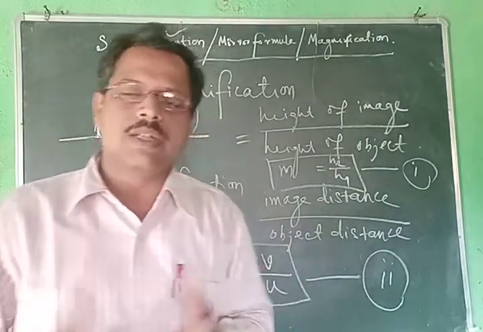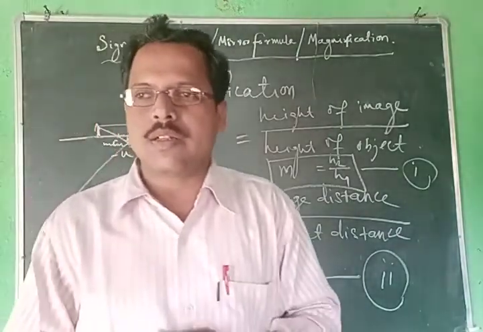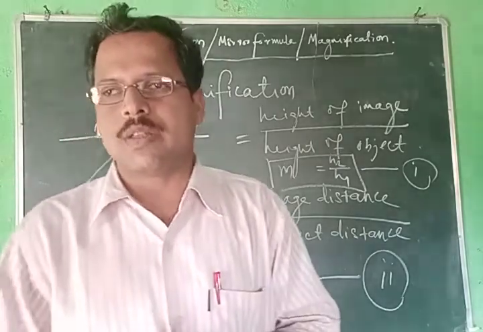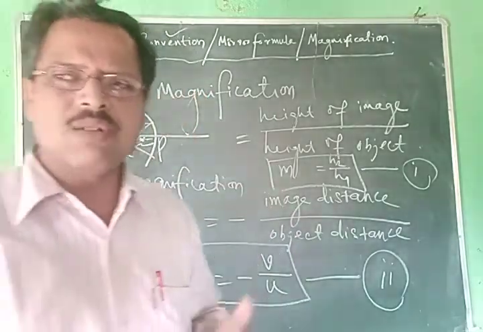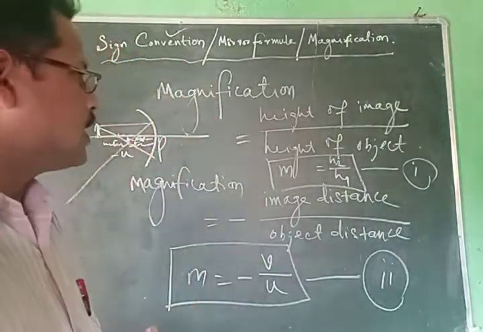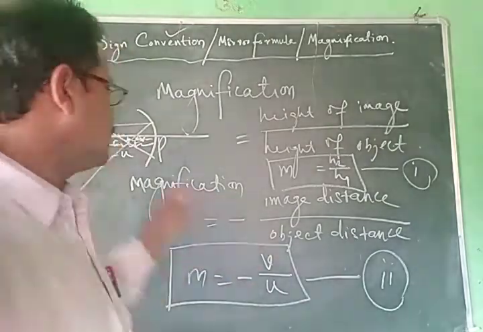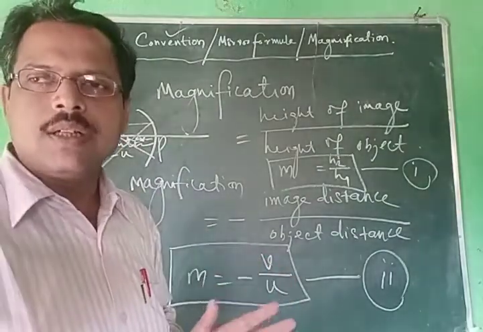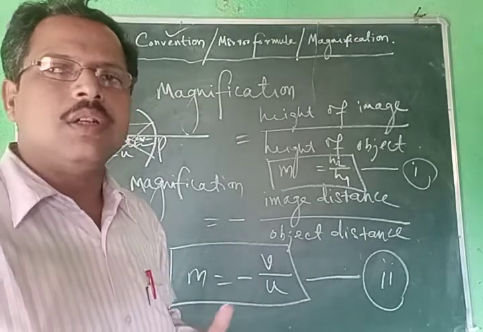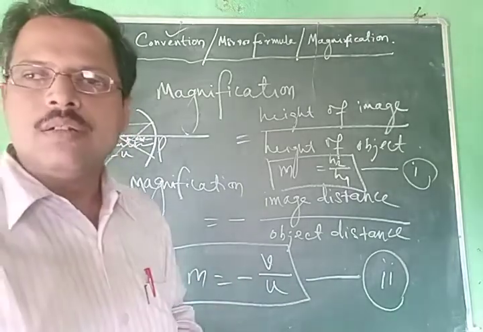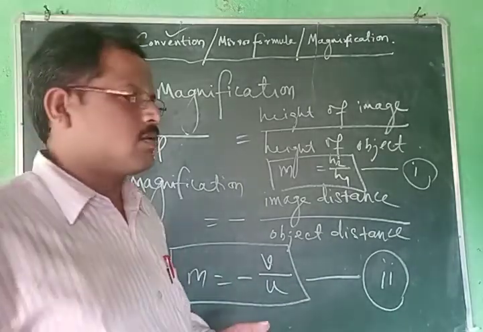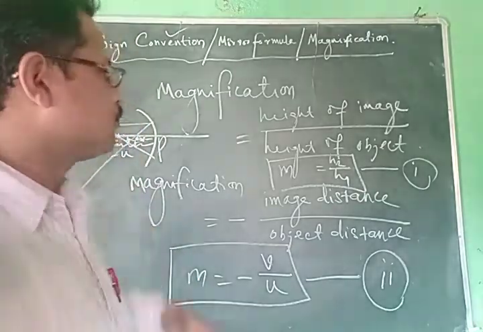This is the basic of the new Cartesian sign convention. The new Cartesian sign convention is very important for measuring different distances, different measurements in mirror or lens also. That we will discuss later.